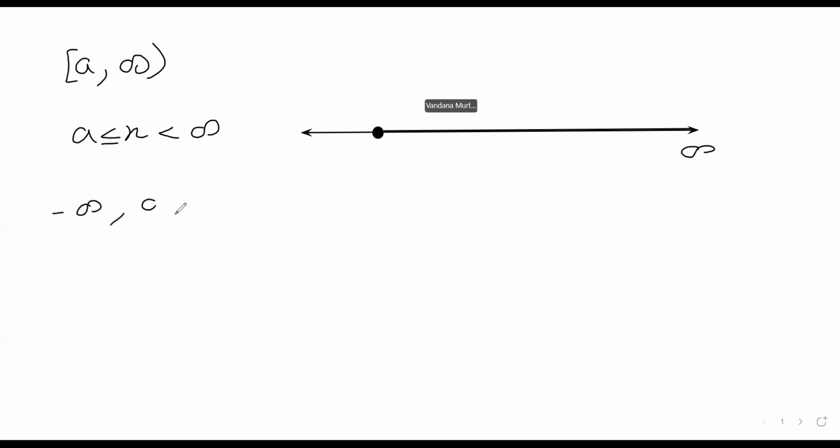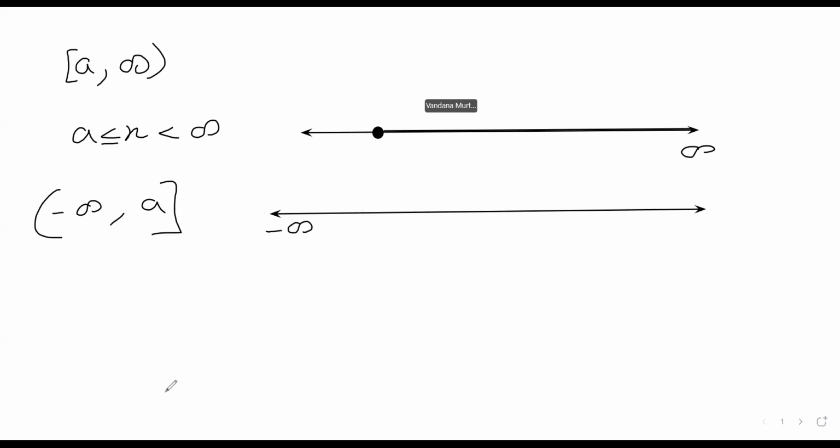Sometimes it is infinity and A. तो आपका माइनस इंफिनिटी इधर है, आपका जो A है वो है इधर. And I'll just make this dark, so you will get this.